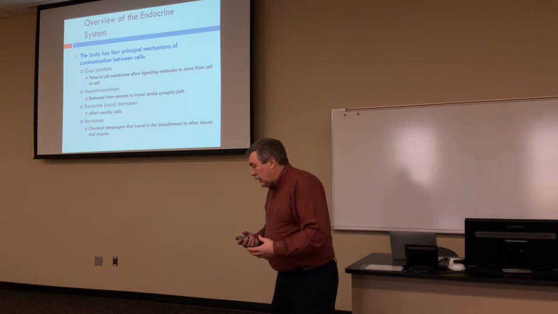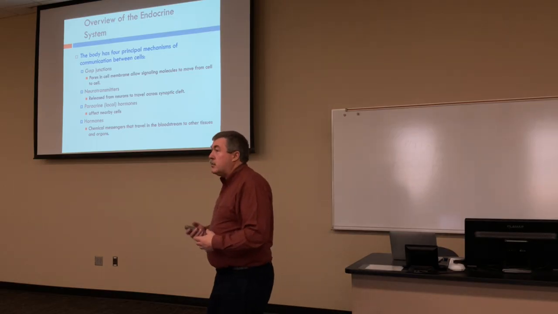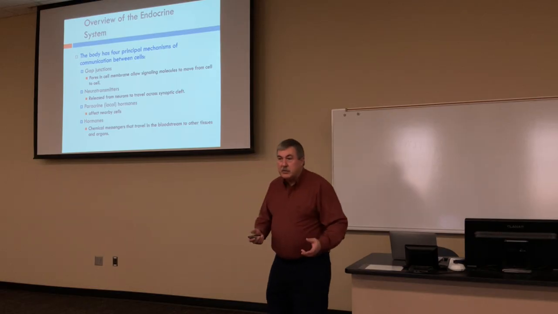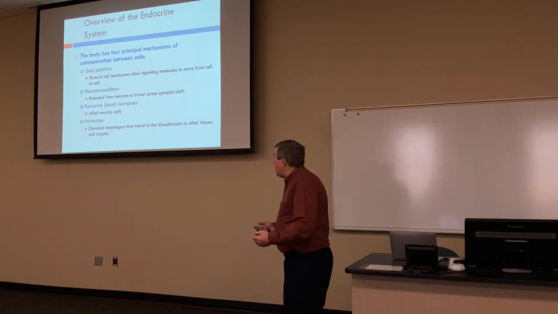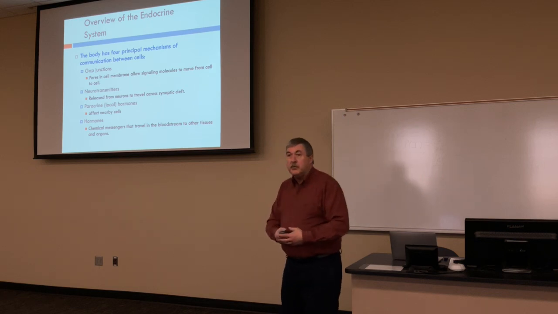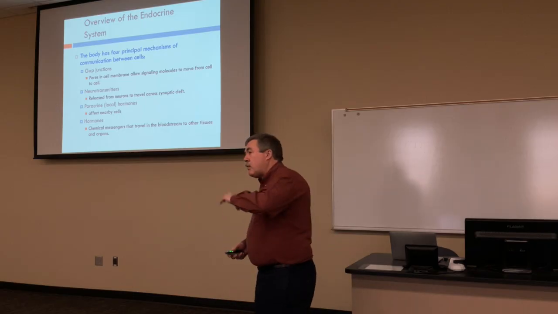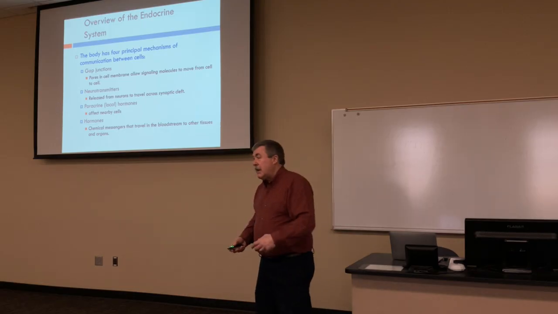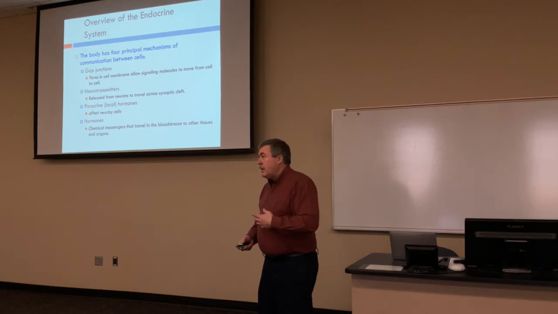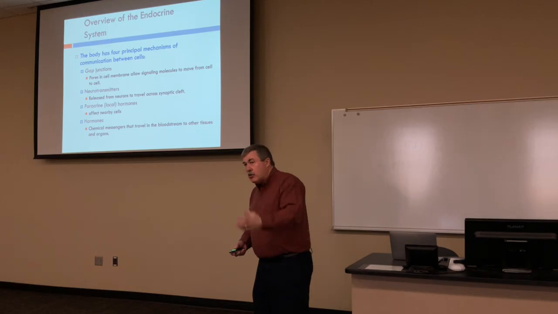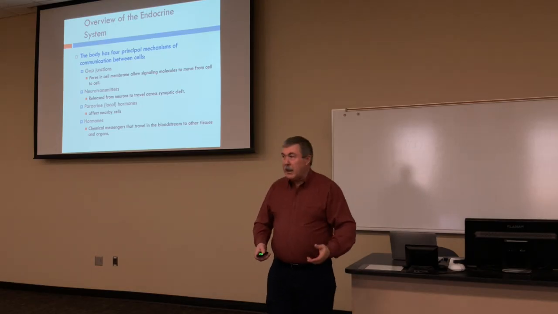So it does some of the same things as the nervous system, but there are some major differences between the two, especially in the amount of time it takes for those messengers to produce their effect. Since hormones have to travel through the bloodstream, that takes time. And so the endocrine system is a lot slower acting.